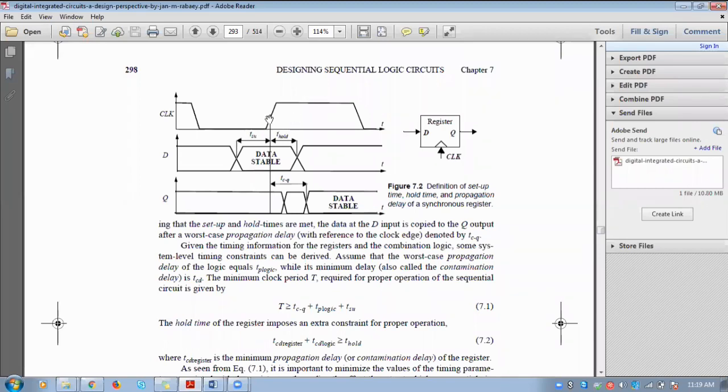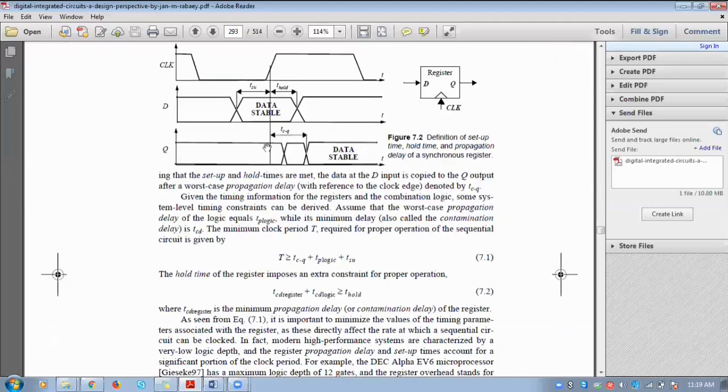Hold time is how much time we maintain the same data, that is, how much time we keep the data valid after the rise of the clock. Setup time is the time required to make the data valid before the clock rising, and hold time is how long the data stays valid after the rising of the clock.